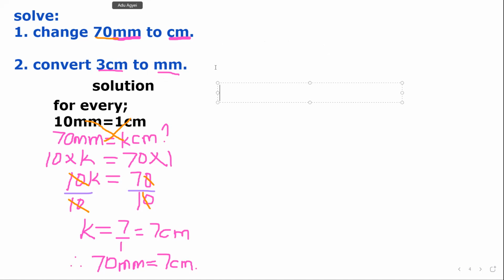So the question 2. Here's the question 1, and then here will be the question 2.